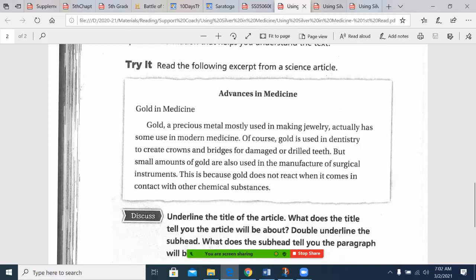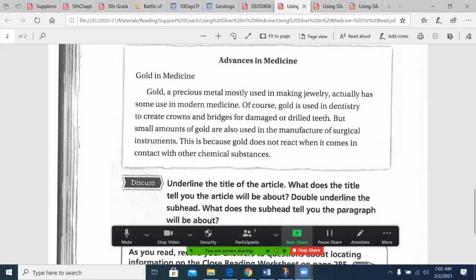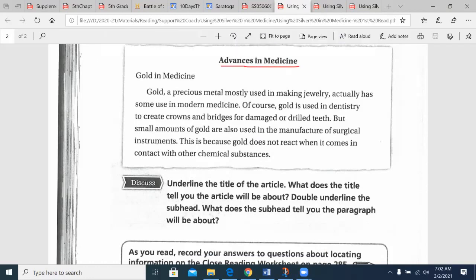So, Advances in Medicine, that's my title. So I'm going to go ahead and underline that because I have a feeling that's going to be important. So before I even read, I know it's going to have something to do with medicine, and probably how medicine's getting better.